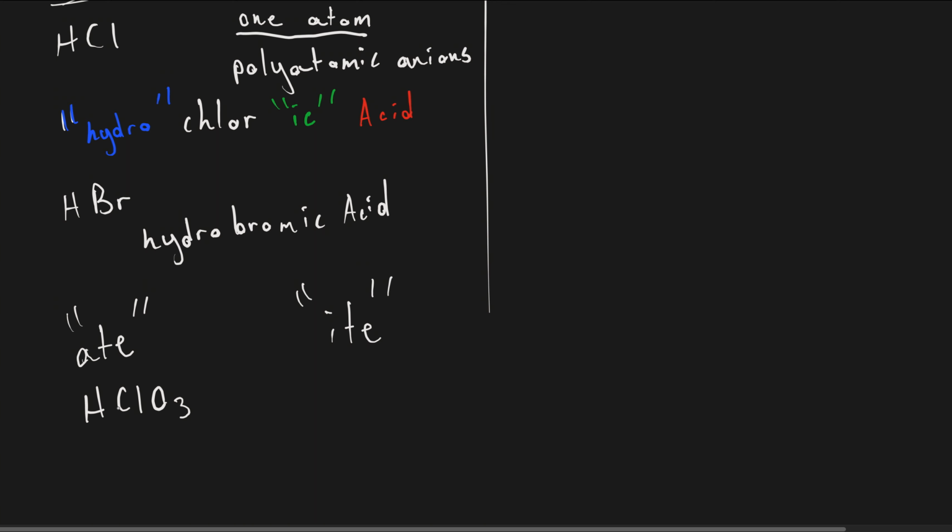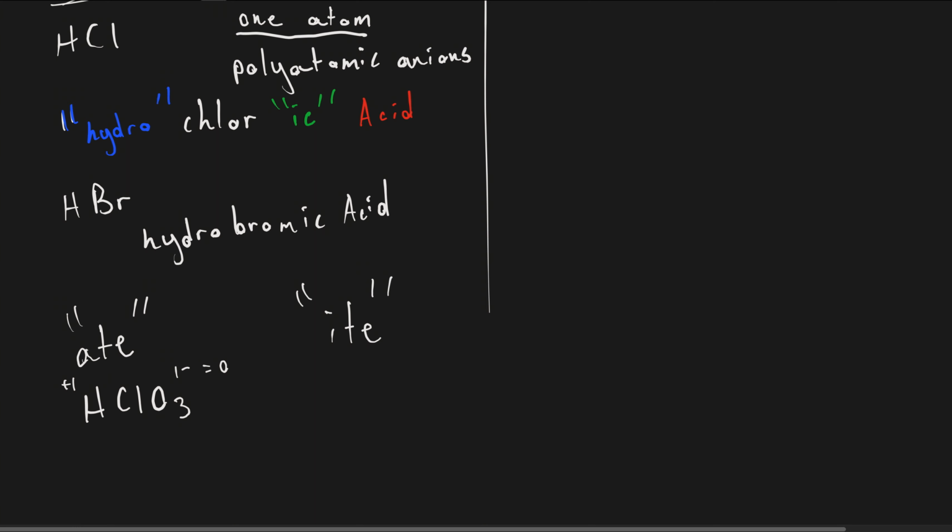Now note that it's balanced. The hydrogen has one proton, meaning that it has a positive 1 charge. The chlorate, on the other hand, has a negative 1 charge, and the negative 1 and the positive 1 cancel out to be 0. So there are no more subscripts of hydrogen or chlorate in this example.